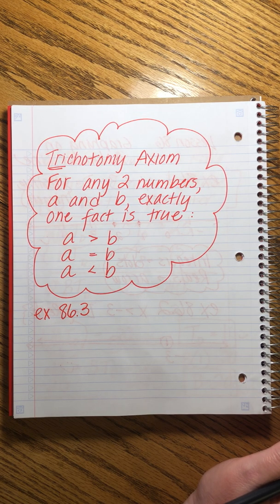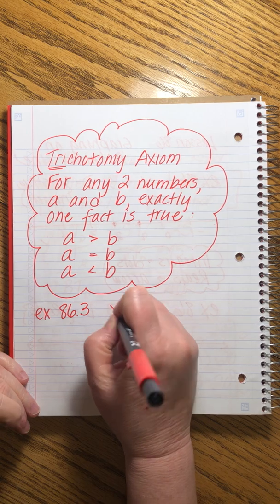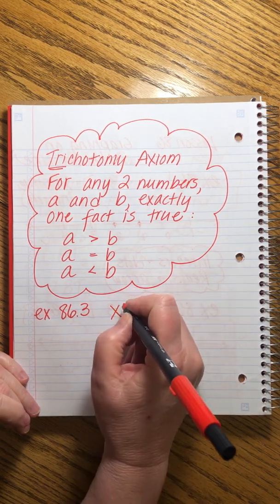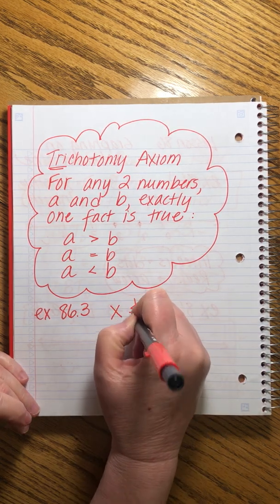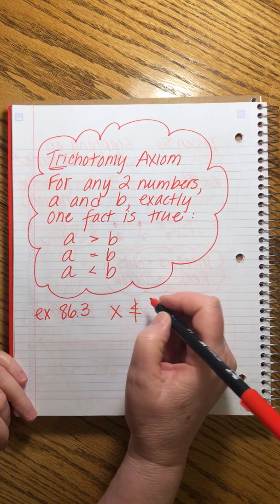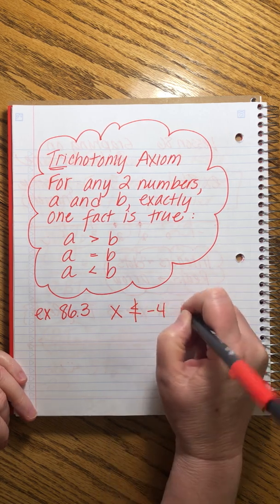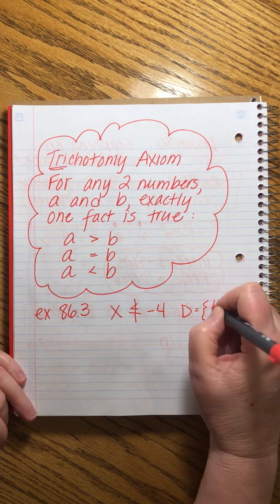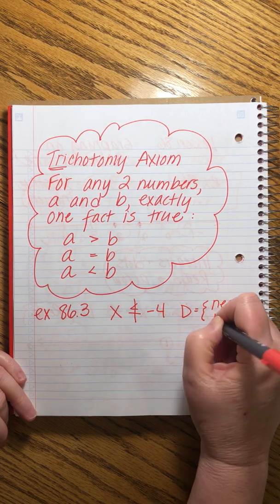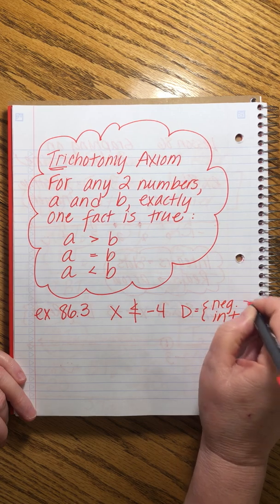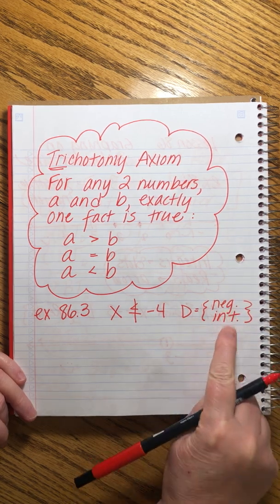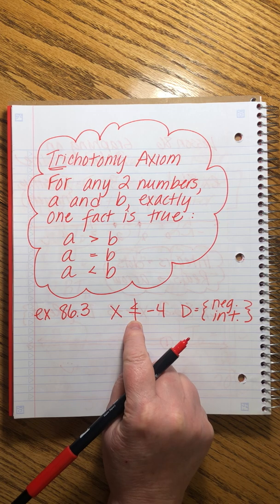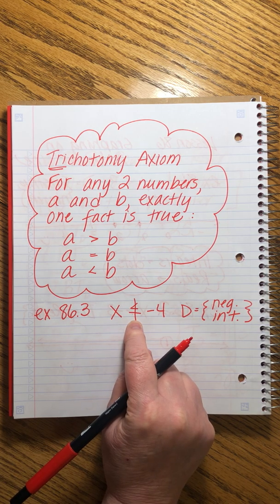Okay? So what happens if we're asked to graph something like this? I'm going to use a little abbreviation in my domain, negative integers. Okay, what's this? Whoa, that's called a negated inequality.